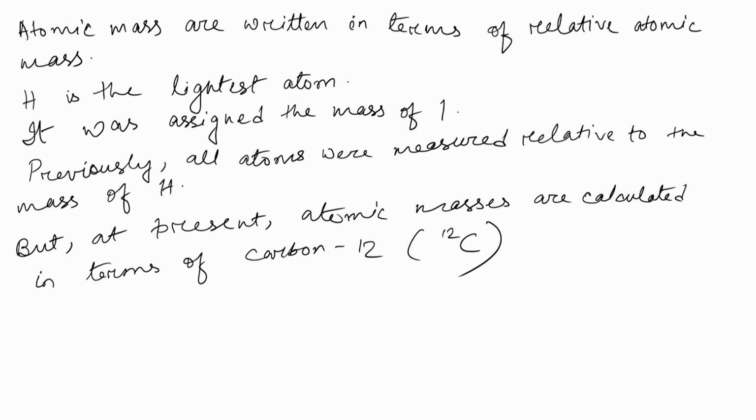Carbon-12 is the isotope of carbon which has a mass of 12, and it is assigned a mass of 12 AMU. So, relative atomic mass is the ratio of the mass of an atom with respect to 1/12 of the mass of carbon-12.